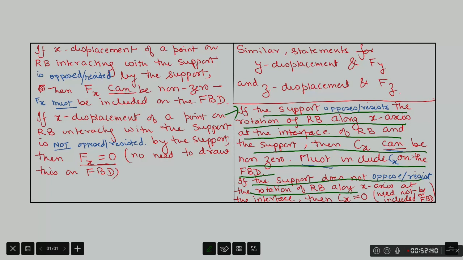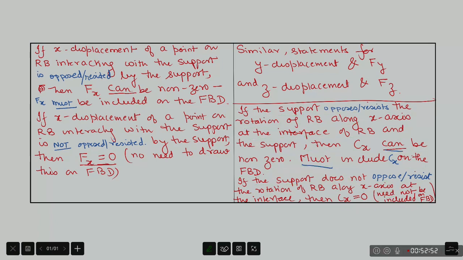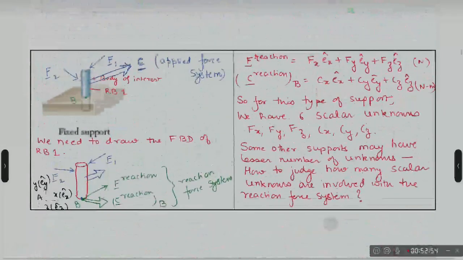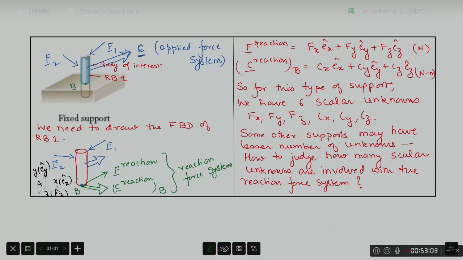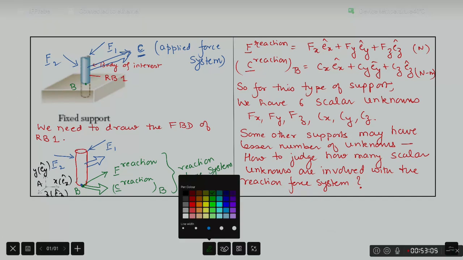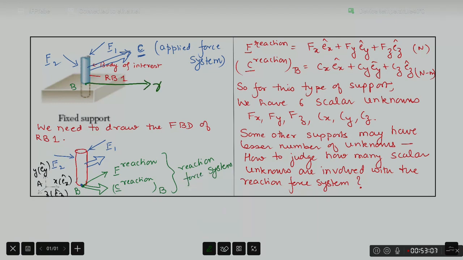So in this support, you call the designer again and ask the question, so this is your x-axis. If I try to rotate this RB about x-axis, will your support stop this? Will your support try to resist this motion? He will say yes, and that is why Cx can be non-zero, must be on the FBD.